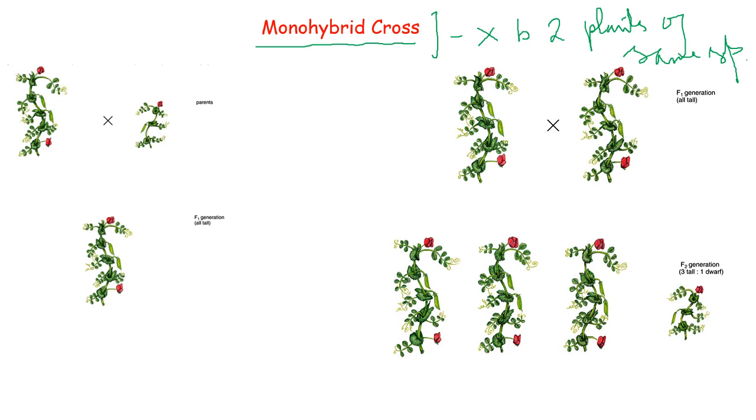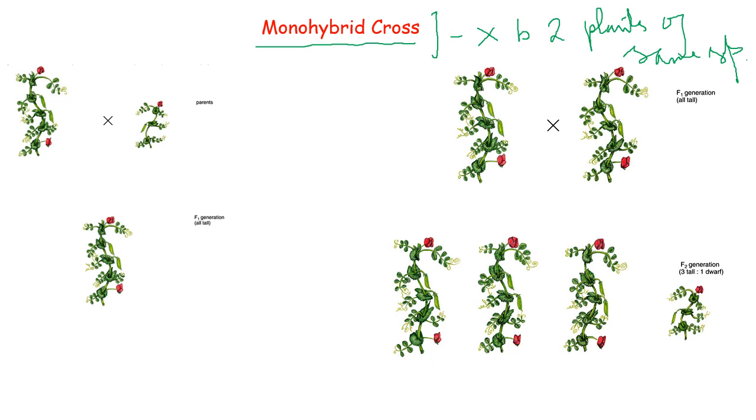For example, a cross between a tall pea plant and a dwarf pea plant is a monohybrid cross because only one character is under consideration, and that is the height of the plant. One plant is tall and another is short or dwarf, so the trait under consideration is only one, the height of the plant.